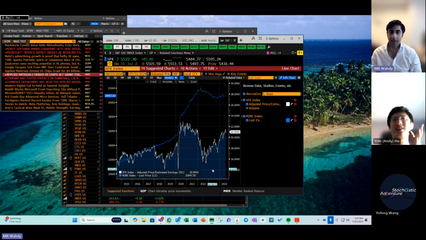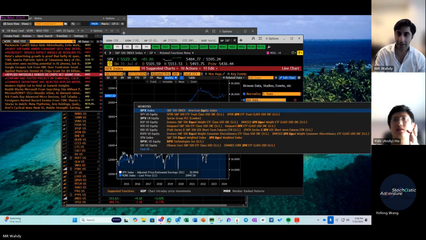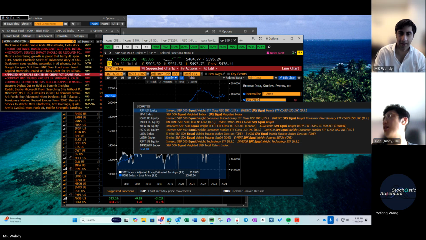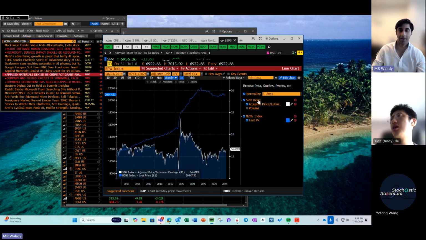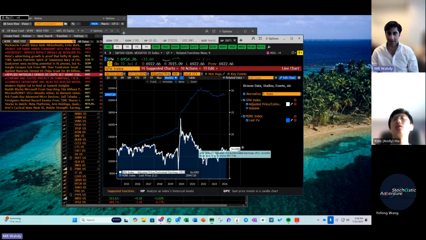What do you mean, equal weight? The S&P equal weighted? Yes. I think there is. What's it called? There we go. Okay, so this is the S&P equal weighted.